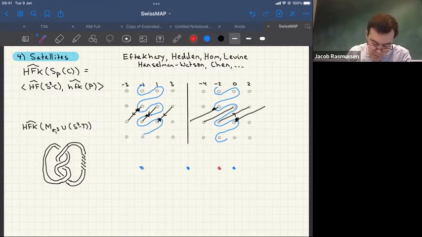Okay, and the blue and the red generators have opposite Z mod 2 gradings. You'll notice that, if you're familiar with these things, this is the cable of the trefoil that Hedden discovered that has exactly the same knot Floer homology as the 3,4 torus knot. So these 3 blue generators correspond to these 3 intersections over here.